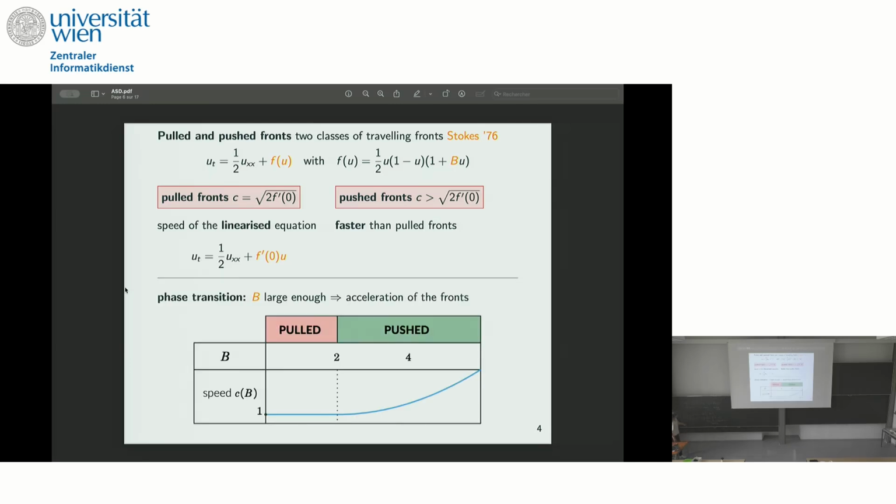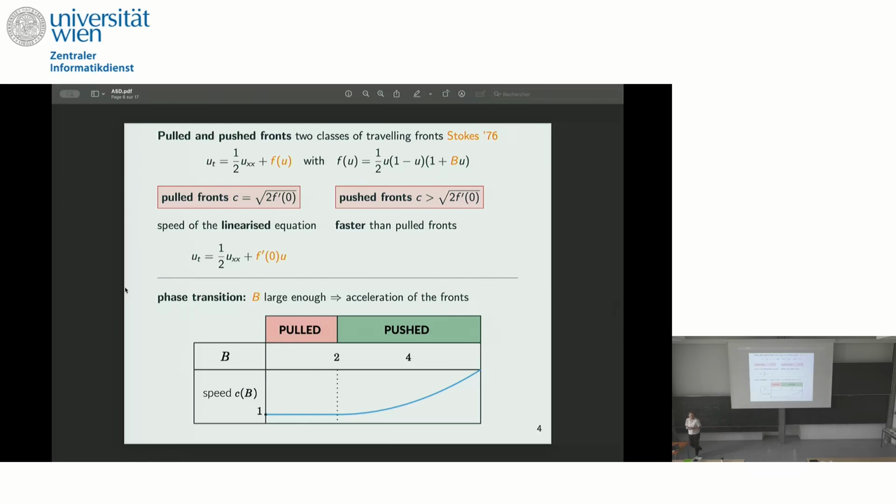So for this reaction term, what you can show is that there is a critical value for the strength of cooperation, B, that is 2, such that below 2, the front speed is 1, and the fronts are pulled, whereas for B larger than 2, the speed of invasion becomes an increasing function of B, and the fronts are pushed.